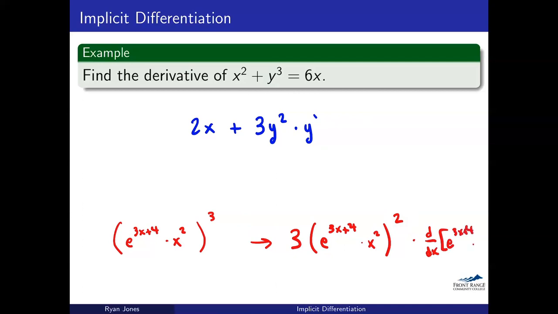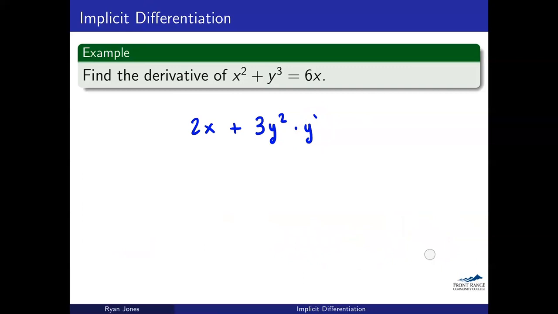And what I'm finishing writing here in the red is exactly what I wrote up here in the blue. It's 3 times y squared, and down here you see y squared, times y prime, which is the derivative of y. And so this in the blue, it's just shorthand for what I've written in the red. It's just a way for me to take that derivative without actually explicitly knowing what y is.